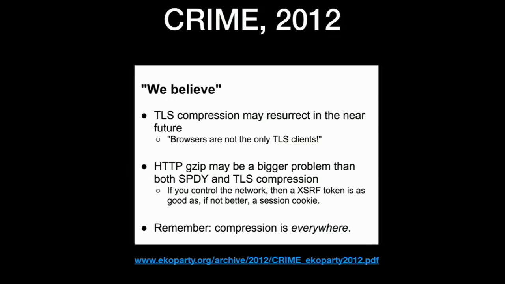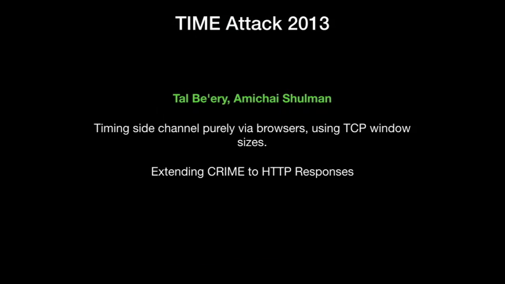Eventually, in 2013 Black Hat, there was this attack called TIME, where you had exactly what they talked about, HTTP responses. And one of the interesting things that they introduced was how to do this purely from browsers. So instead of using a man in the middle, they were able to do this purely using a browser, using side channels in the browser itself. Things like TCP window timings and measuring how long the packet size takes.